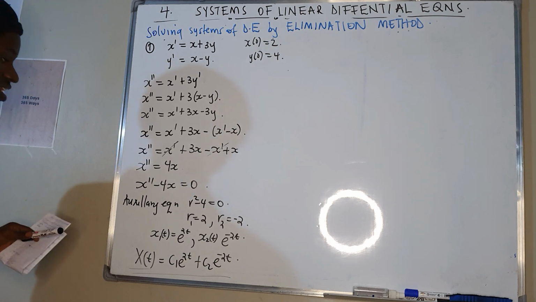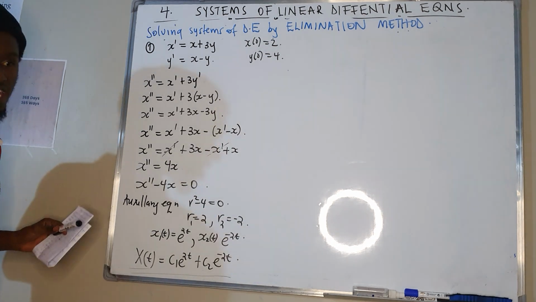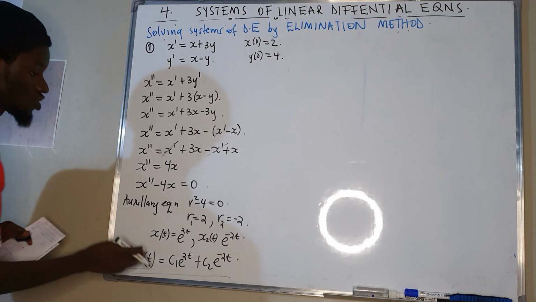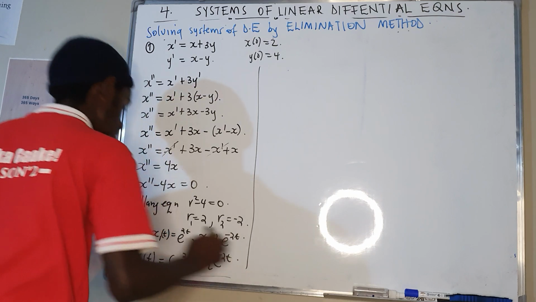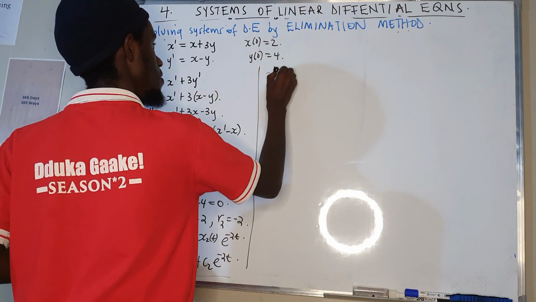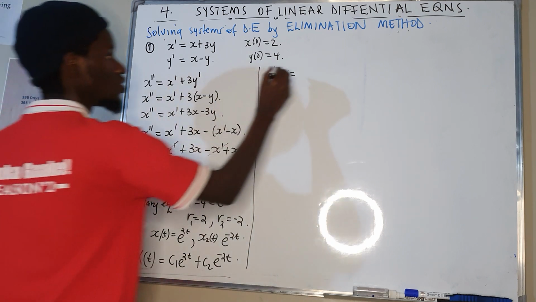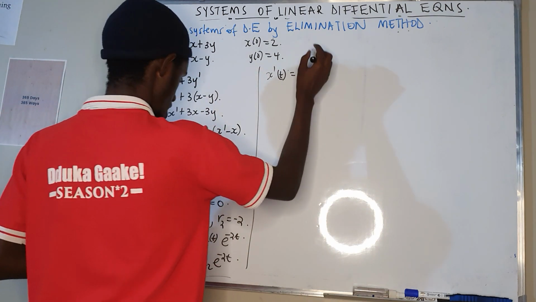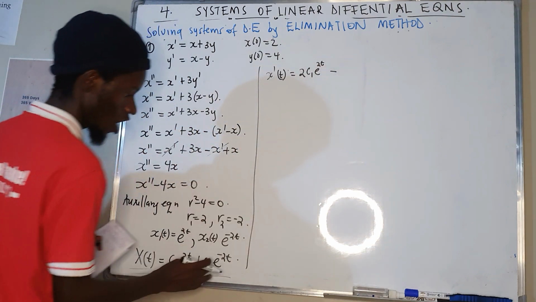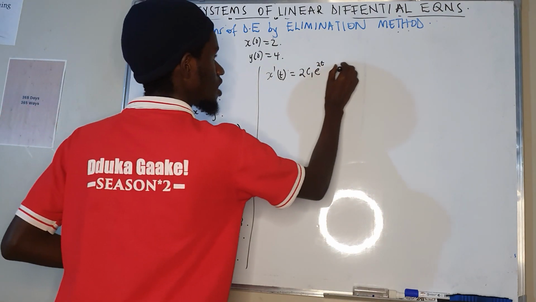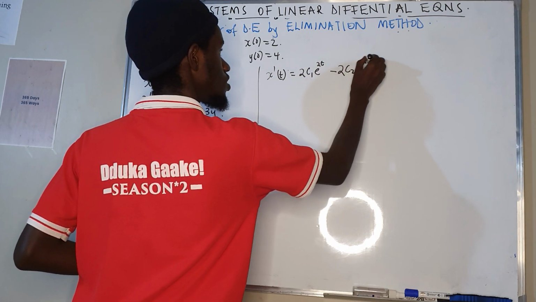Now the second step: from the auxiliary equation I have the first solution in terms of x. Here, I need to differentiate this x. I'll have x prime at t, differentiating with respect to t, the two comes down: 2 c1 e power 2t, minus 2 c2 e power negative 2t.